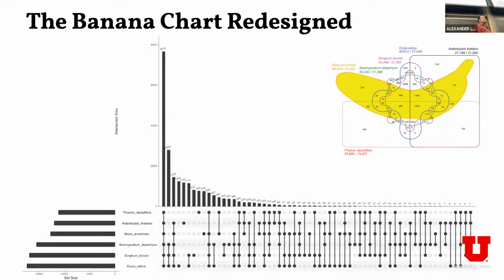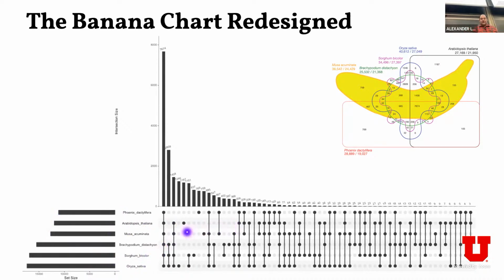And so here's the banana chart. The first thing we can see is that by far the biggest intersection, which you probably would never have guessed from this chart, is the one that has all of the plants. We have 6 different plant species here. So basically this tells us these plants are obviously all evolutionarily related, right? And then the banana is the third row from the top.